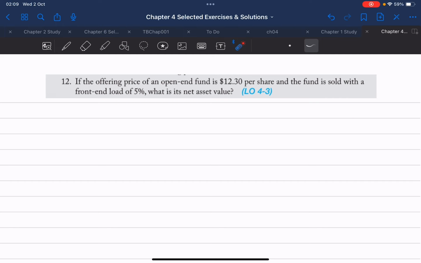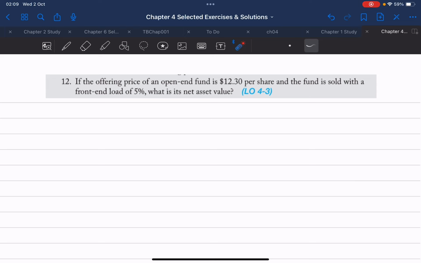The question says, if the offering price of an open-end fund is $12.30 per share, and the fund is sold with a front-end load of 5%, what is its net asset value?